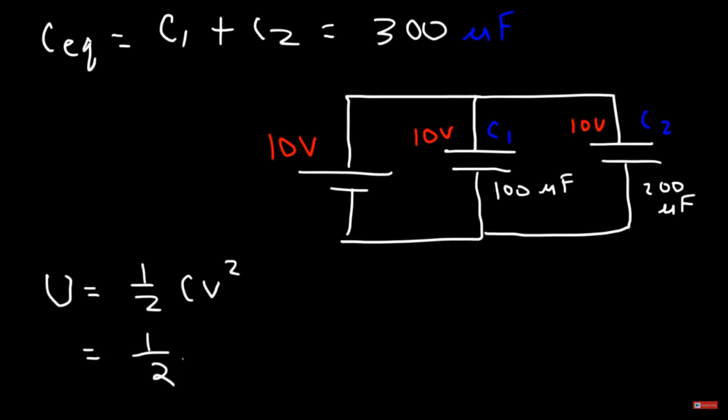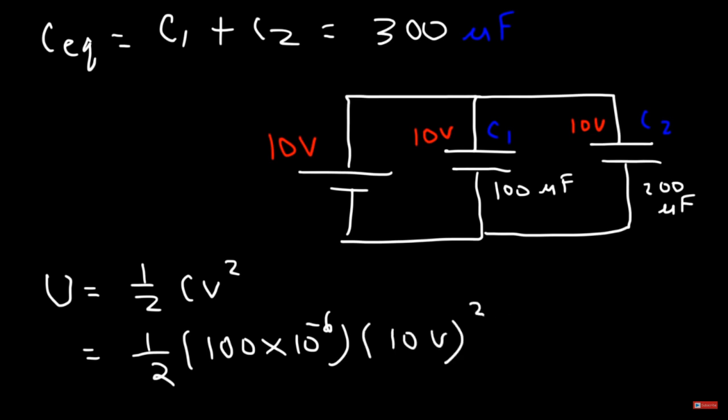So it's 1 half times 100 times 10 to the minus 6, that's capacitance, times the voltage across that capacitor, which is 10, squared. So this is equal to 0.005 joules, which I'd say is about 5 millijoules.